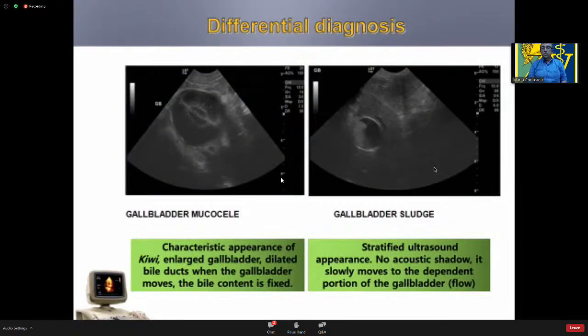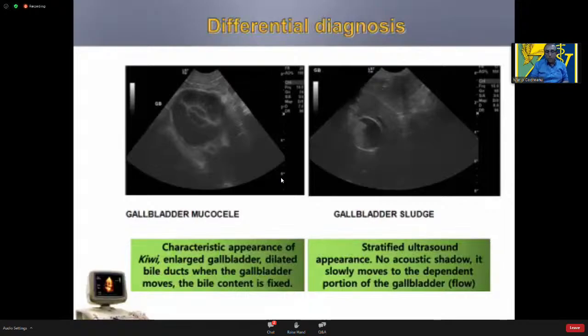It's important to notice that the differential diagnosis using ultrasound has to be performed between the gallbladder sludge and the gallbladder mucocele, which we'll talk about later. The mucocele has a specific pattern, a specific aspect, with the appearance of a kiwi, when we can talk about an enlarged gallbladder with dilated bile ducts.